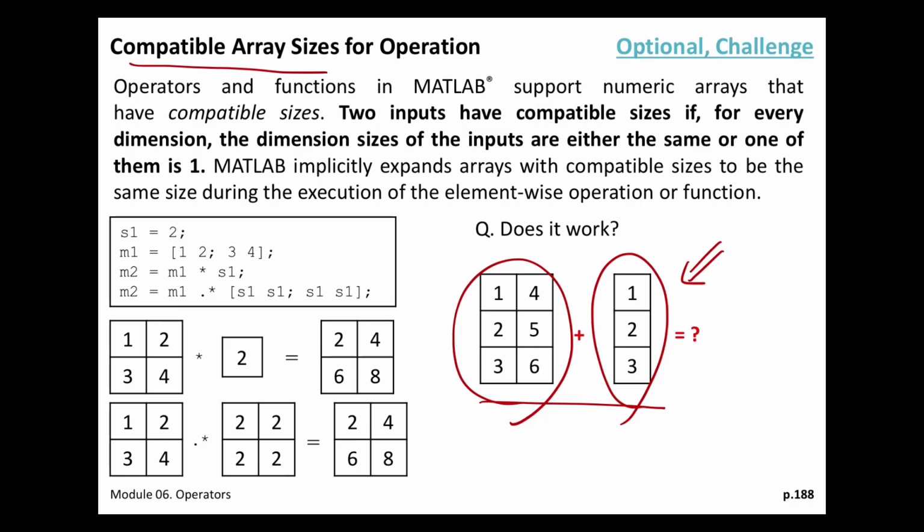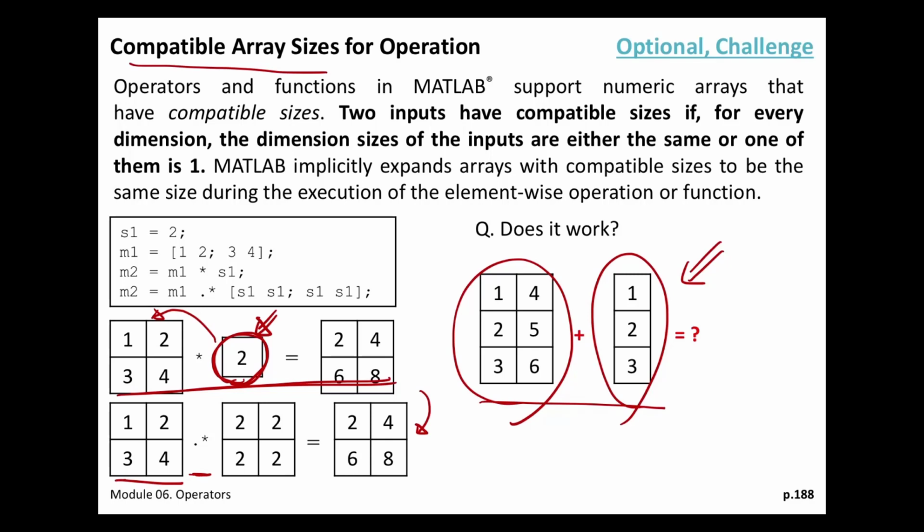For example, we already knew that this one is working. What is this operation? It is an element-wise operation. This 2 is multiplied to each element, right? So basically this operation is the same as this one. This scalar value is expanded to the same size as the array, and then does the element-wise multiplication.